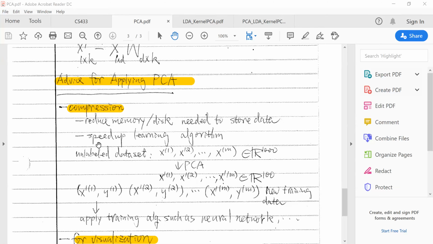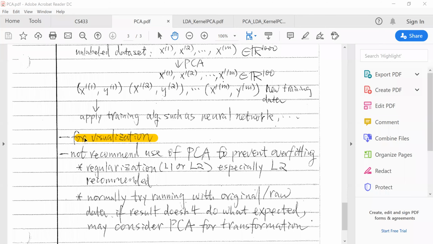The second thing, because you reduce the number of features, is that you can speed up the learning algorithm. The other thing is that it's also good for visualization, because with fewer features it's easier to visualize. It's not recommended to use PCA to prevent overfitting.